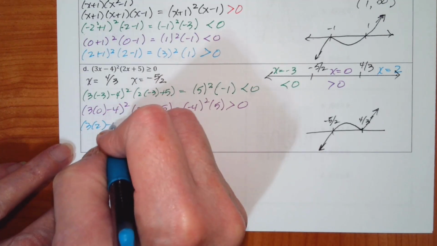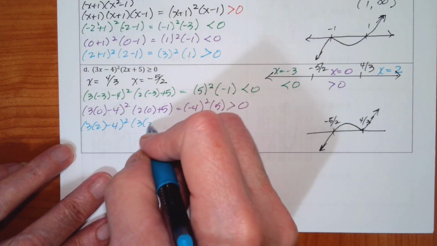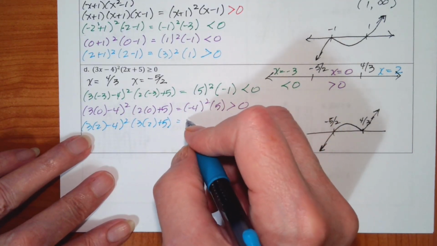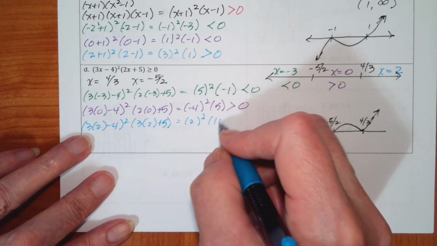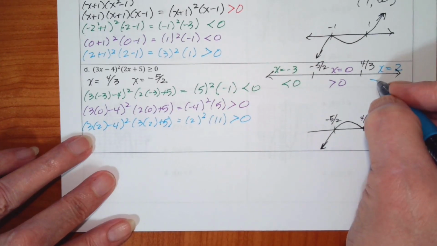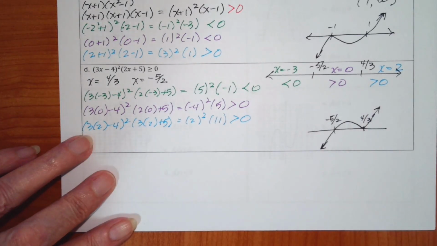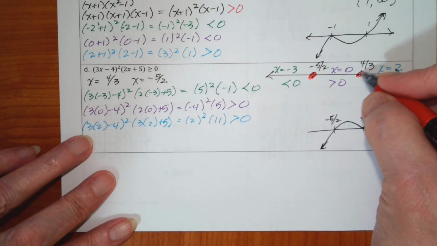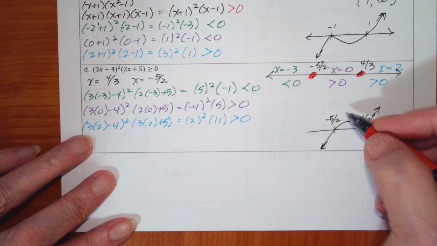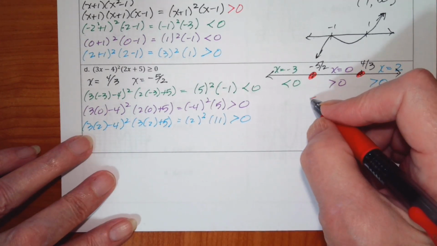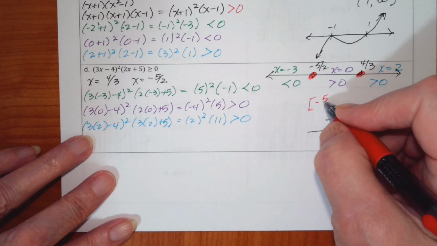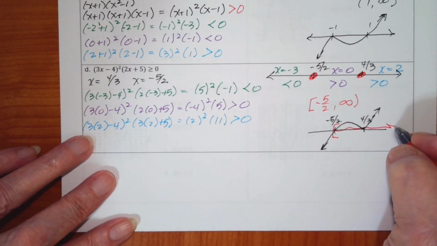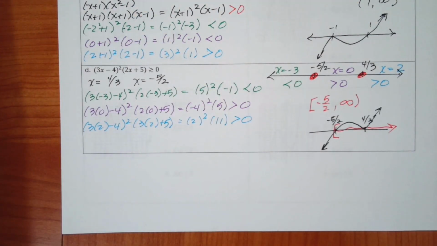So 3 times 2 minus 4 squared, 2 times 2 plus 5 gives us 2 squared times 9, which is greater than 0. And then we have to include the points where it's equal to 0. So it is going to be everything from negative 5 halves to infinity. And that shows right here as well. Okay, switch videos.